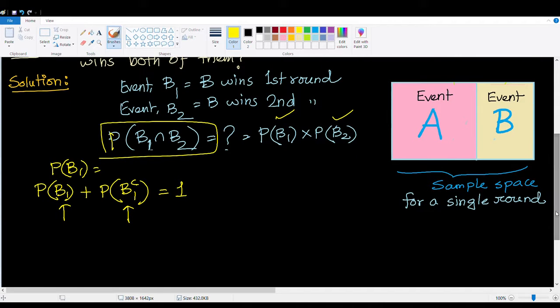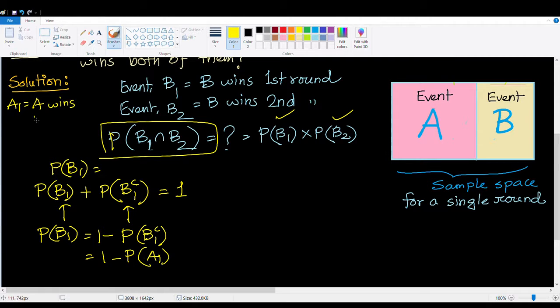So now we can say that P of B1 will be equal to 1 minus P of B1C. Now this B1C means B didn't win the first round, which is equivalent to A won the first round. So P of B1C equals P of A1, where A1 is the event of A winning the first round.